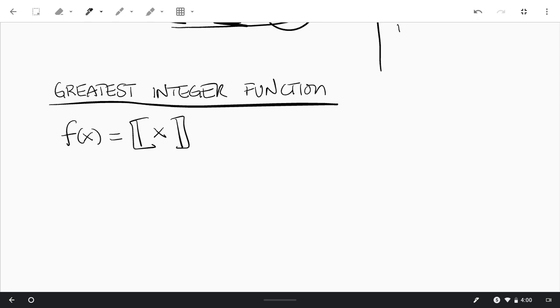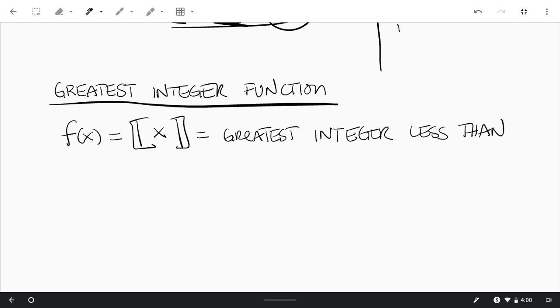Greatest integer function. And this is going to be equal to the greatest integer less than or equal to x. So here are some examples.